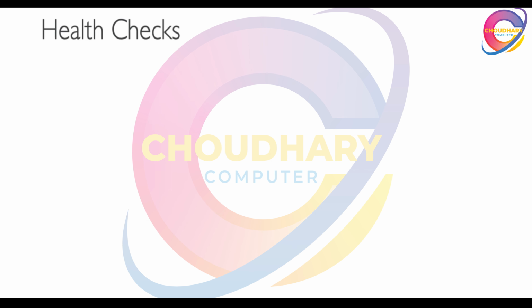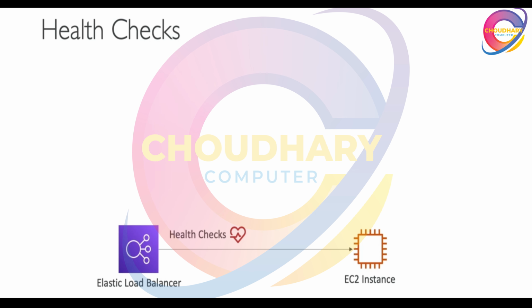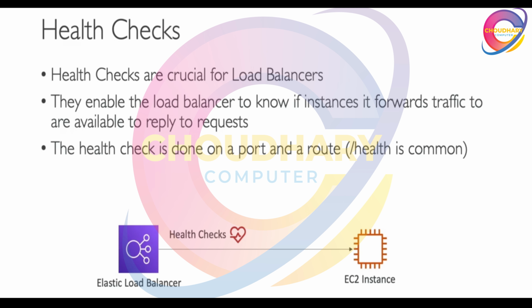Now, I mentioned health checks. Health checks are a way for your Elastic Load Balancer to verify whether or not an EC2 instance is properly working. Because if it's not working properly, then we don't want to send any traffic to that instance. So they're crucial for load balancers, and they are done by using a port and a route to check the health on.